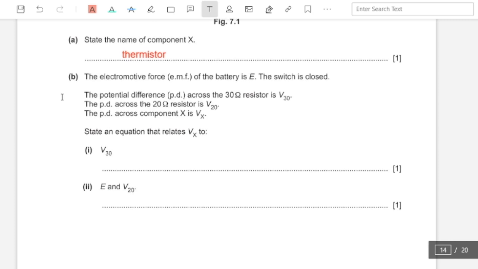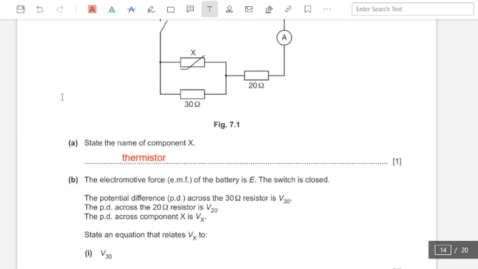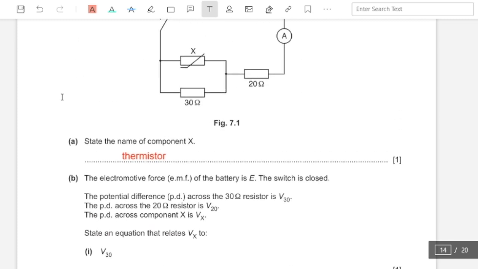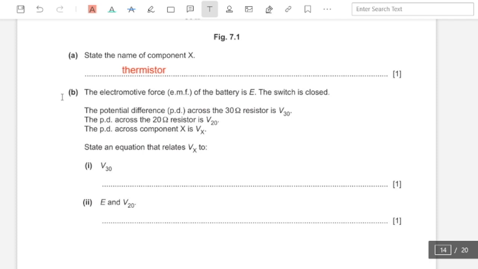B. The electromotive force of the battery is E. The switch is closed. The potential difference across the 30 ohms resistor is V30. The potential difference across the 20 ohms resistor is V20. The potential difference across the component X is Vx. State an equation that relates Vx to V30.